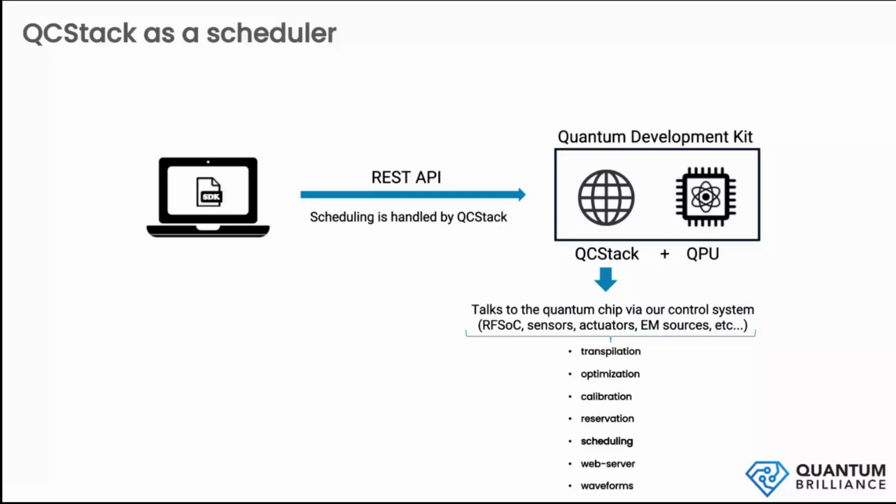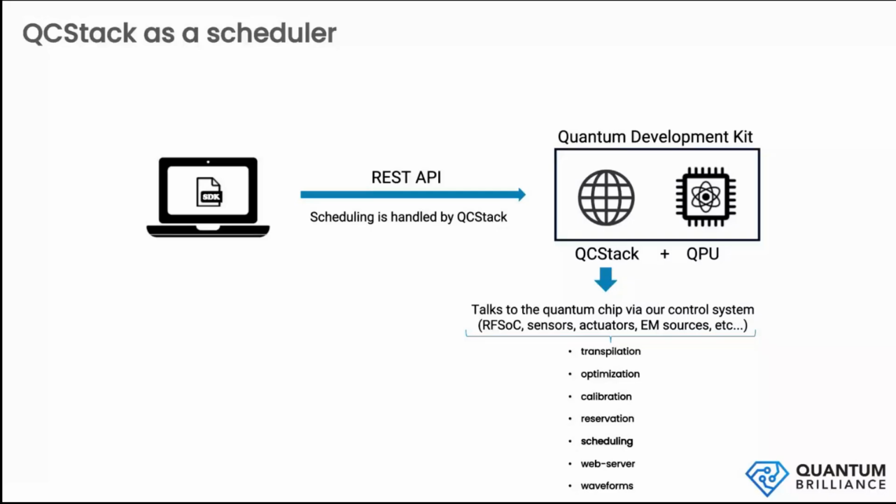It also does scheduling, of course, because if you have multiple users sending a job, then the QC stack will receive that information and will choose which one goes first. And of course, in this case, it's most likely that one job needs to finish in order to start the next one. At least that's how our QC stack works.